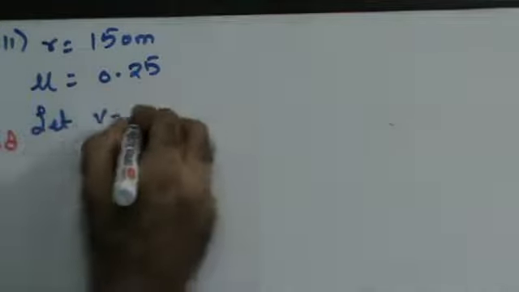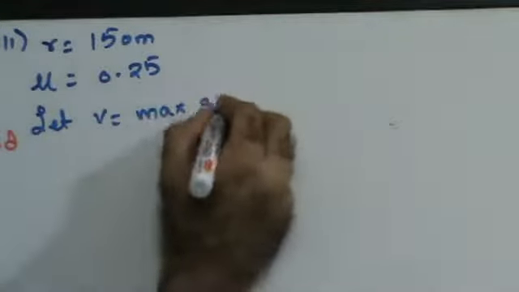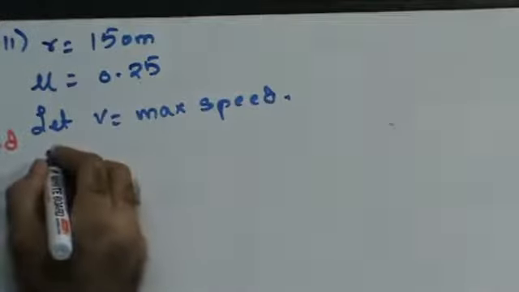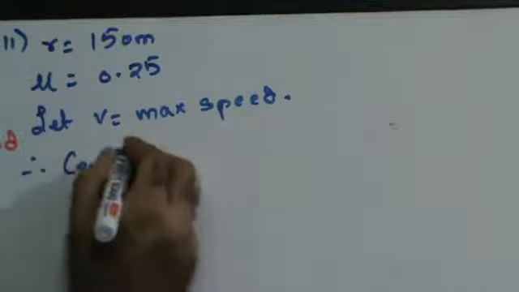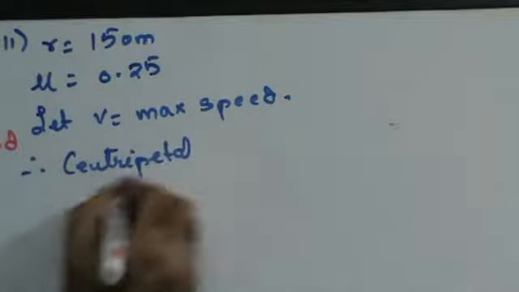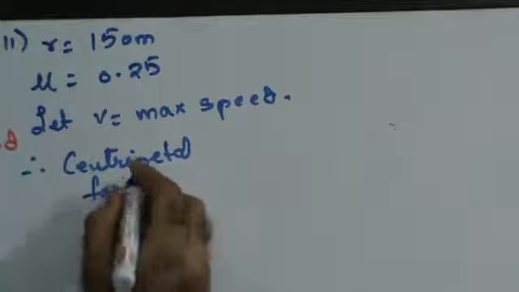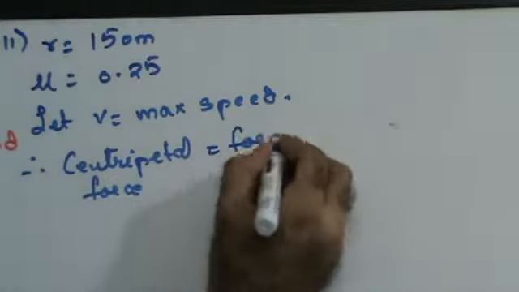Let V be the maximum speed. Okay. Now, therefore, I can say that centripetal force should be equal to the force of friction so that the car does not skid.